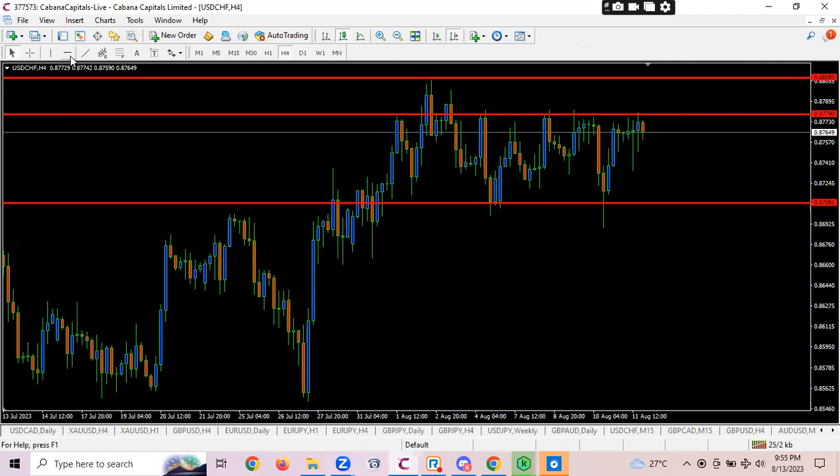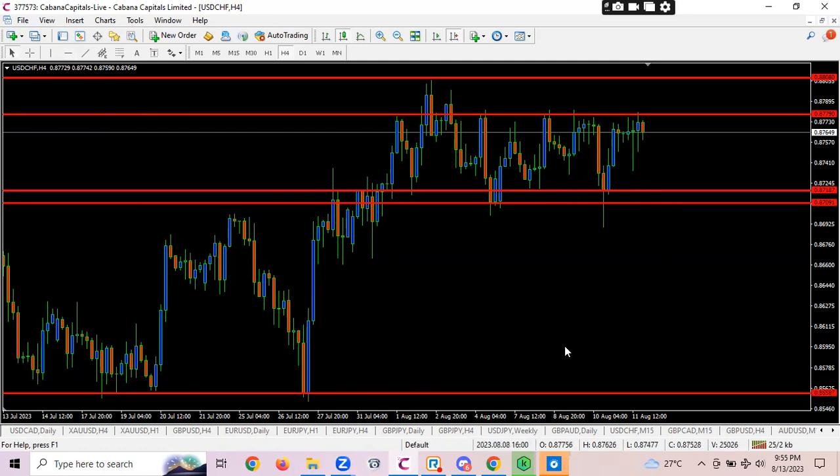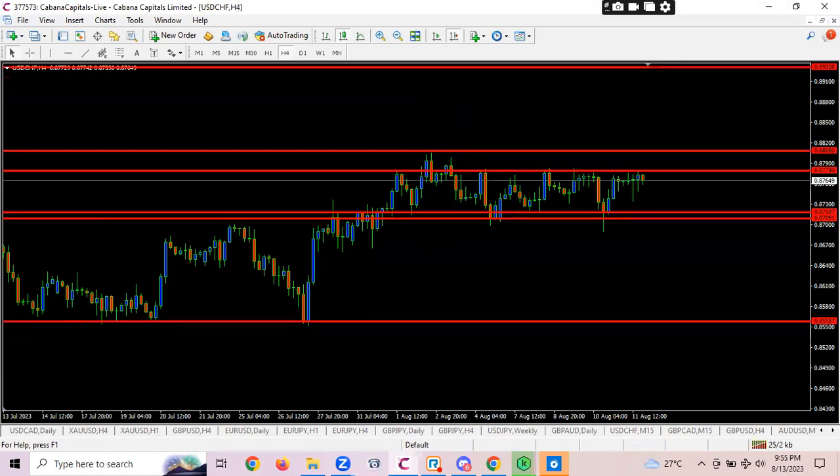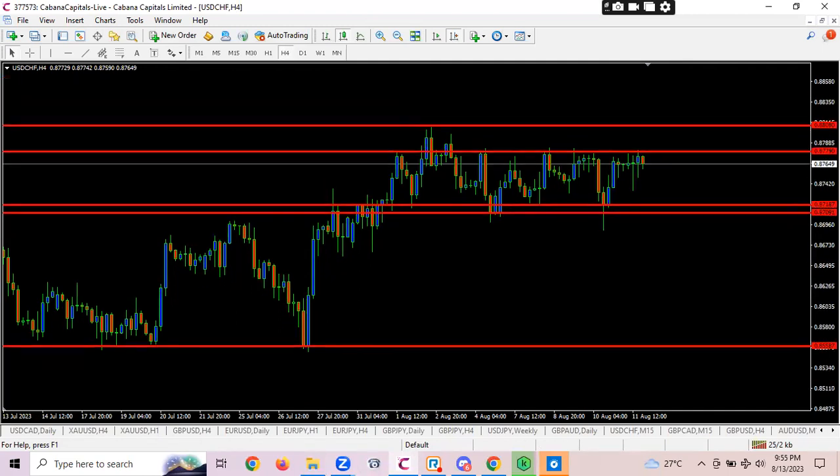We also had a previous support here. So if this support is broken, we should expect more bearish move on USD CHF, and it's likely price will drop to this support. So that will be all for this week, for tonight's session.